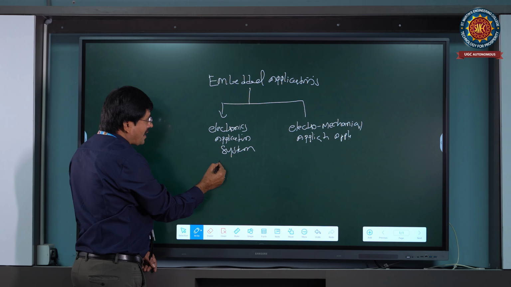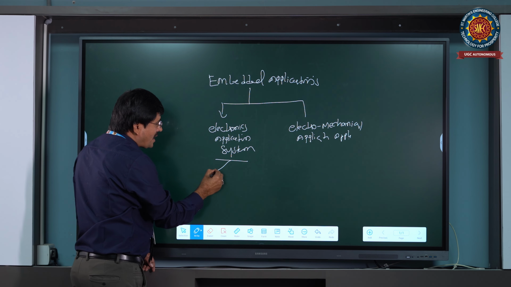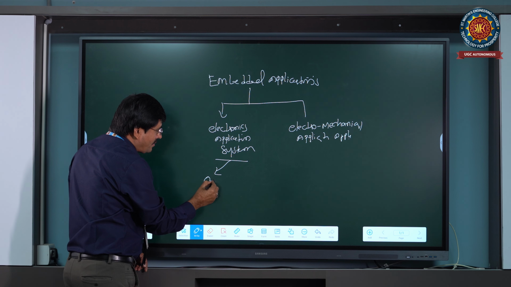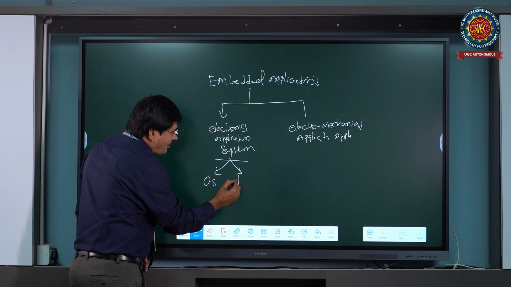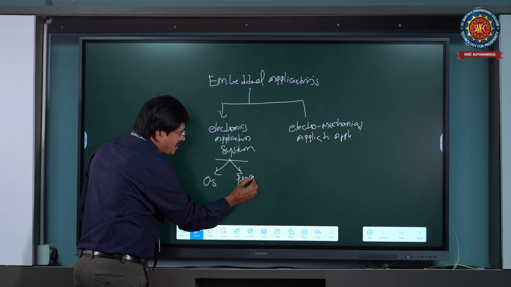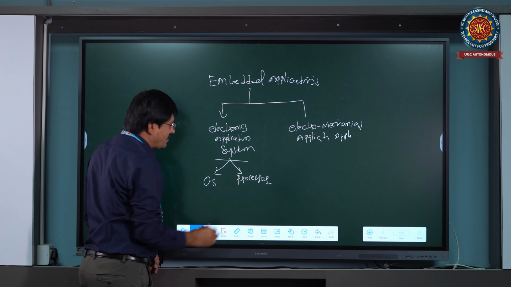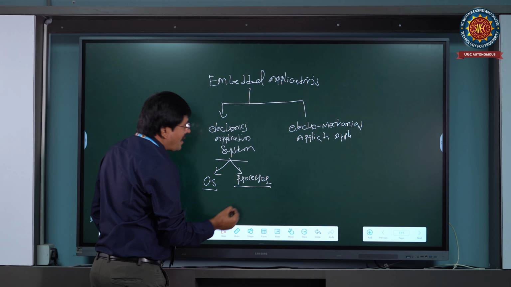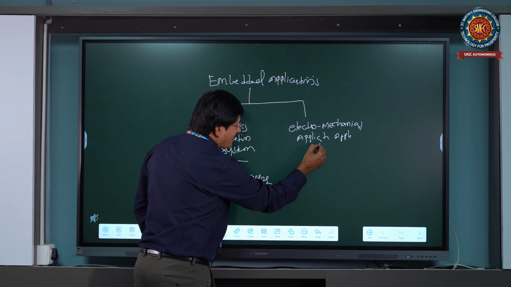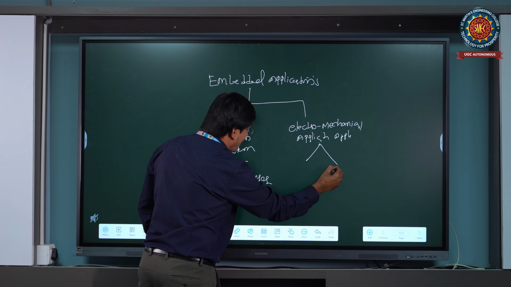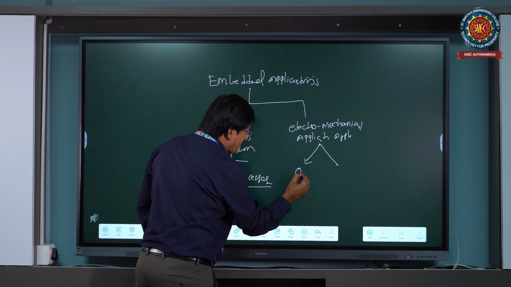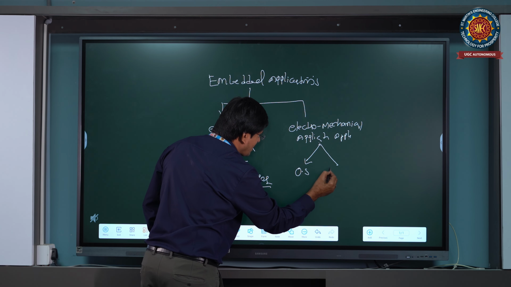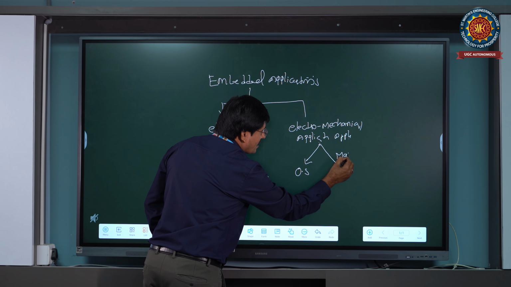Whereas in an electronic application system, an operating system and processor must be required. Processor is nothing but the CPU. Whereas in an electromechanical system, an operating system or processor may be required.